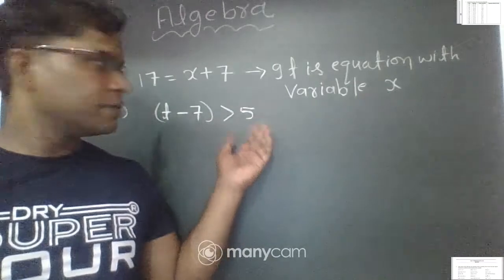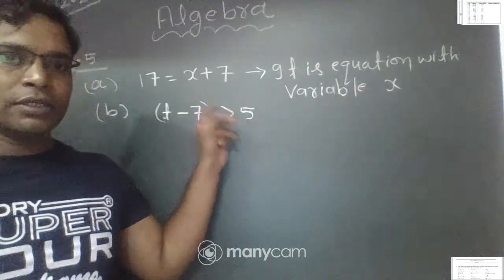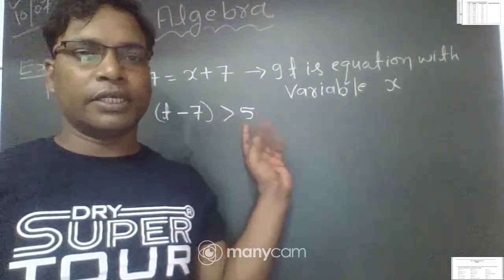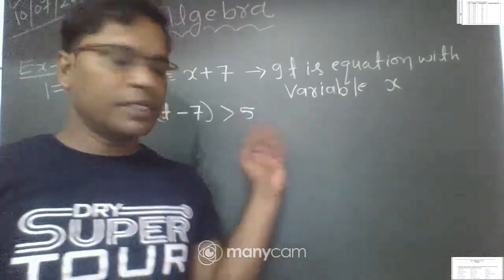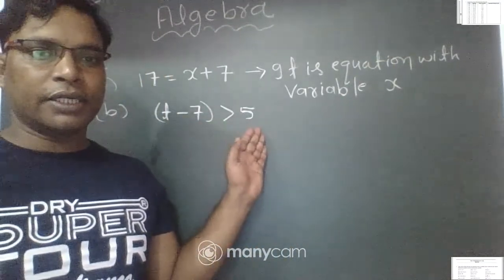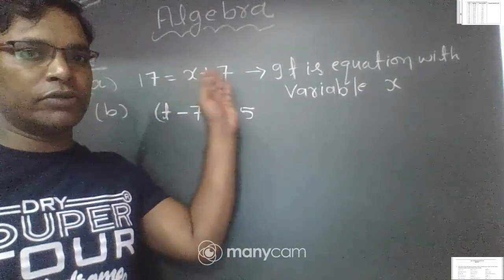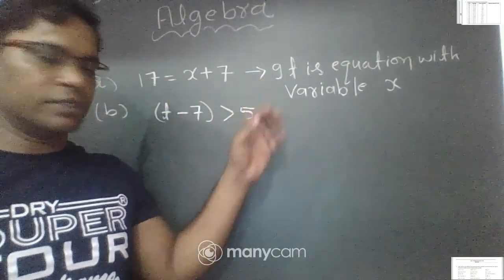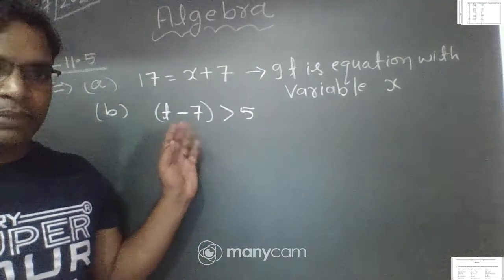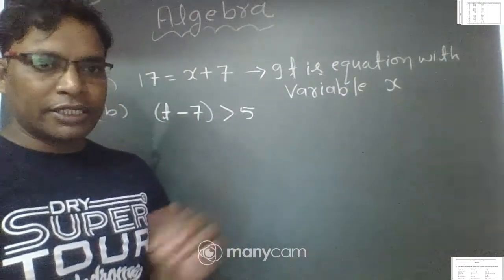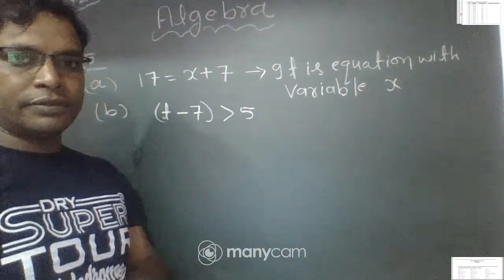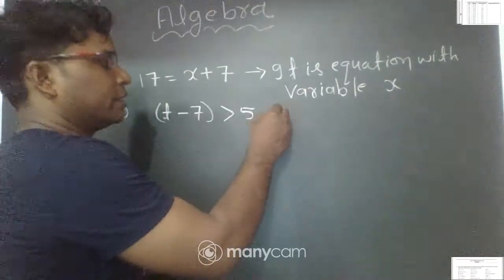It means that this is not an equal sign. So you can say this is not an equation, because the left hand side is greater than the right hand side. If the left hand side is equal to the right hand side, then this is an equation. So here in B part, t minus 7 is greater than 5, so it is not an equation.